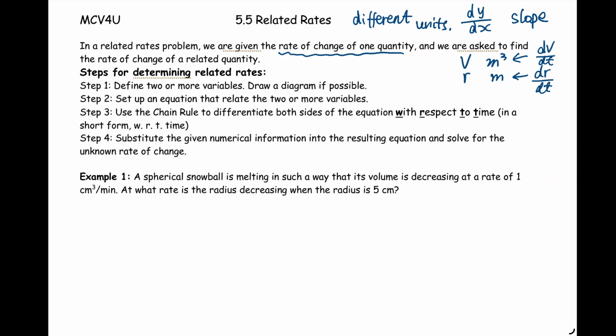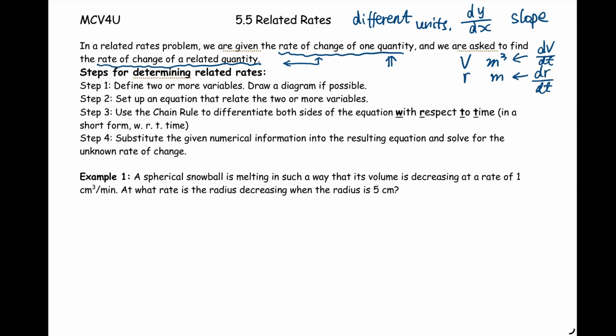They don't have the same unit. In a related rates problem, we are given the rate of change of one quantity, and we want to find the rate of change of another quantity that is related to it. So we will be able to write a formula relating these two quantities.